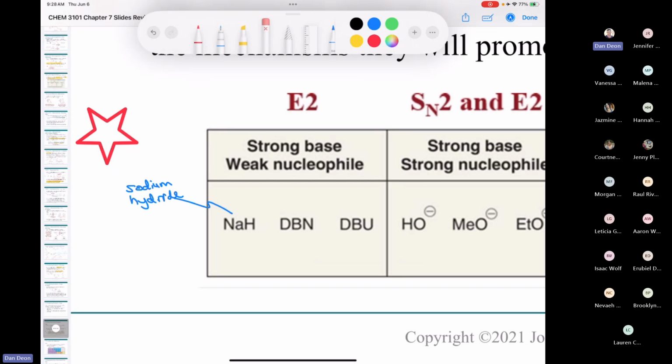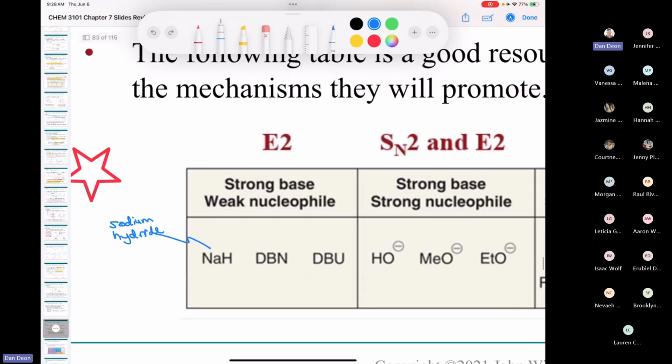And so sodium hydride, if you're wondering about these two, DBU and DBN, I think I have their pictures somewhere. I know they're in the textbook for sure. But the structure of DBN, for example, DBN is the one I have memorized. It looks like this. So it's two rings that are fused together. So you have a double bond here.